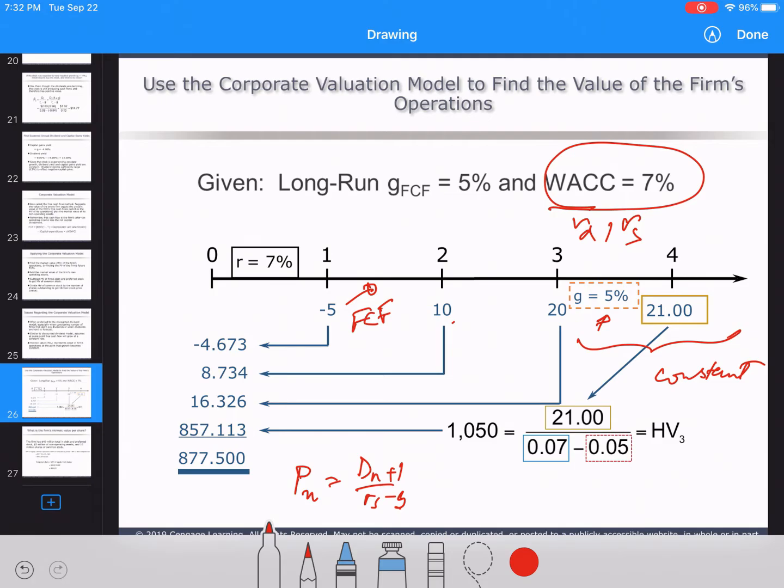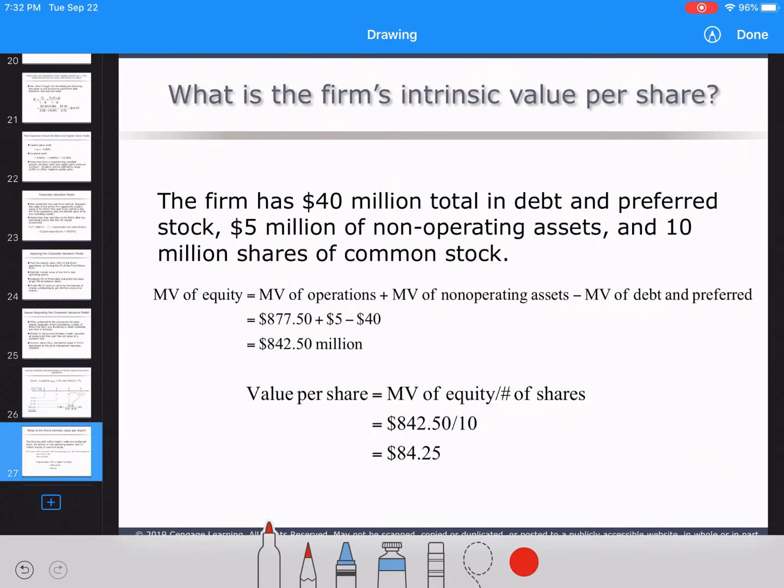Now here you'll call it not P_N but value, because you are looking at the total value, and then you say FCF_N plus 1, and then instead of R sub S in here, you put WACC and then the constant growth. So compare and contrast these two, P_N versus V_N. P_N is just a stock value, and V is the value of stock and bonds together, because you are dealing with FCF, which is the entire corporation.